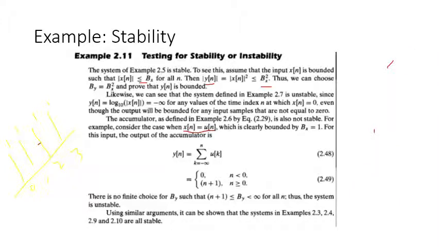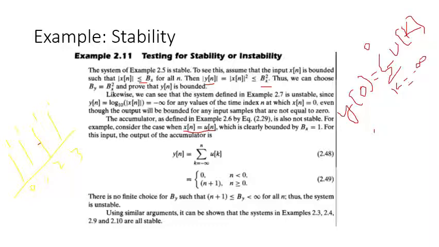Okay. So if we calculate y of 0, it means the summation of u of k, starting from minus infinity up to 0. If I expand it, we know that the unit step starts from 0, so we have only one term. For n less than 0, the output will be 0 because there is no input. But for n equal to 0, we have y of 0 equal to 1.